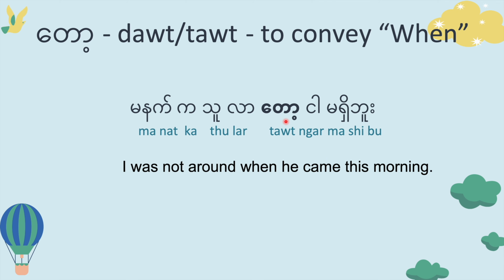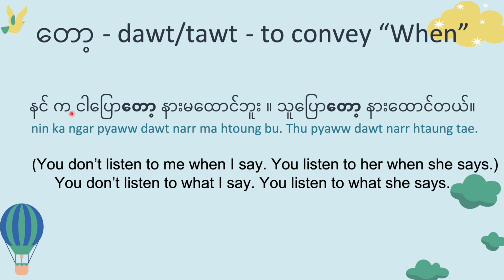So တော့ here means when he came this morning. ငါမရှိဘူး, I was not around. ရှိတယ် means to be present, မရှိဘူး not to be present. So မနက်ကသူလာတော့ငါမရှိဘူး, I was not around when he came this morning.